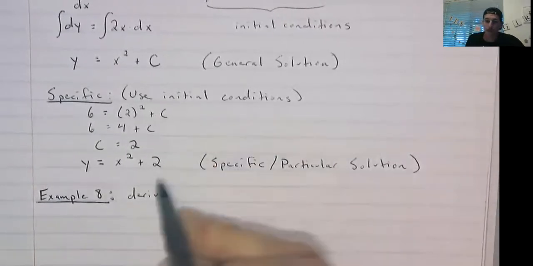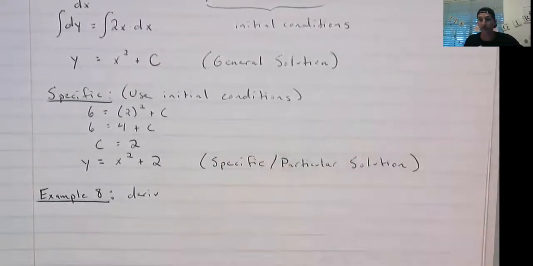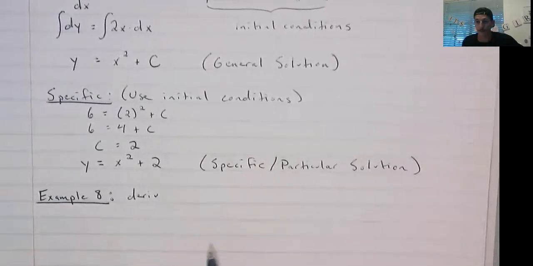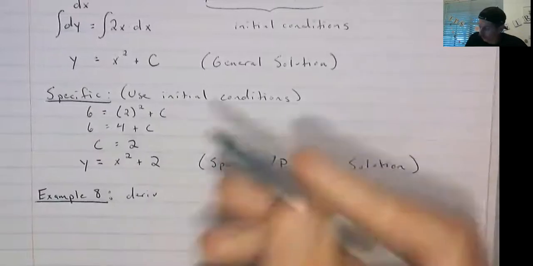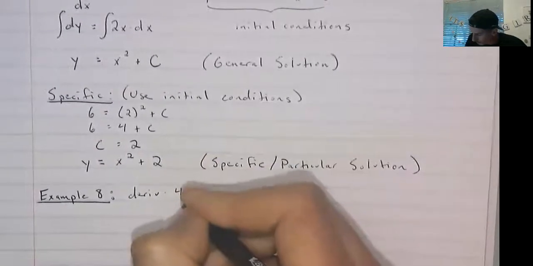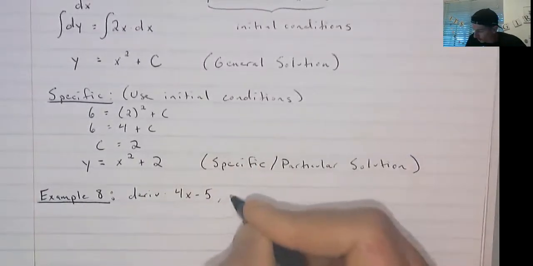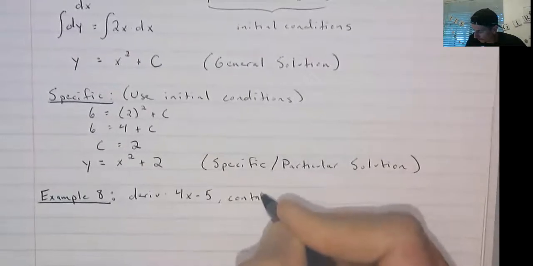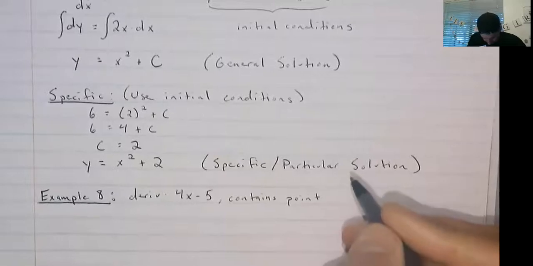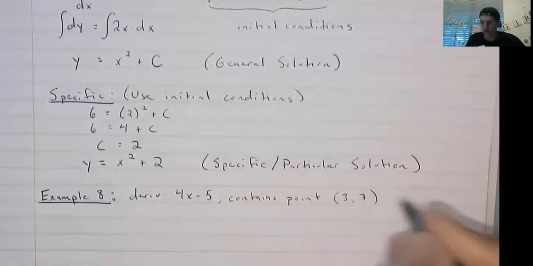So they've given us the derivative without calling it the derivative. They give us the slope of the tangent line, but that is the literal definition, or one of them, of the derivative, the slope of the tangent. So the derivative in this function is that 4x minus 5 expression, and the curve contains the point (3, 7).